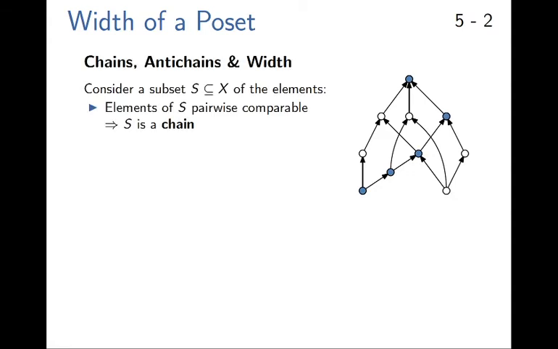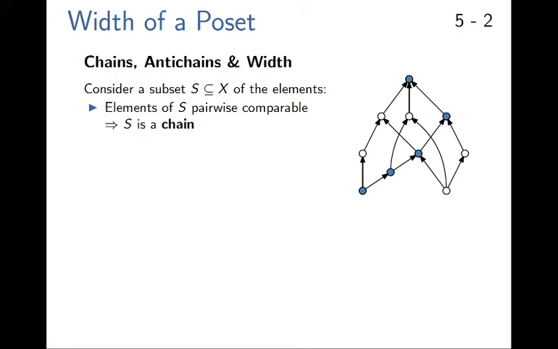If you have a subset for which you know that the elements are pairwise comparable, like in this example here, the blue vertices in the DAG, they lie on a path. So by this idea of comparability and the existence of a path, they are pairwise comparable. In this case, you say that these elements form a chain in the poset.